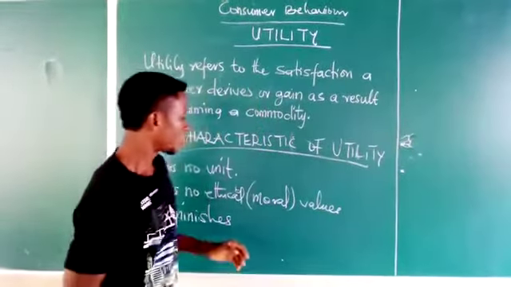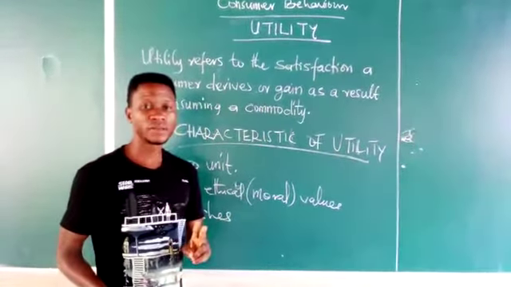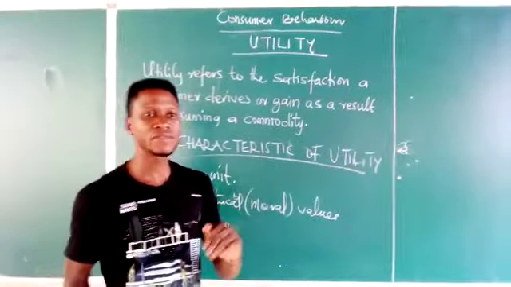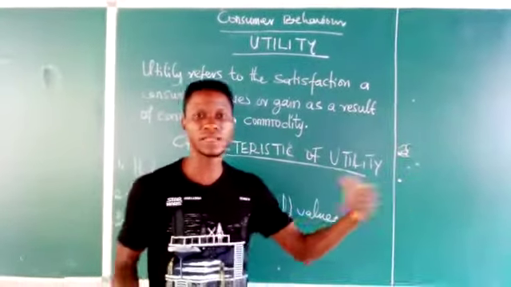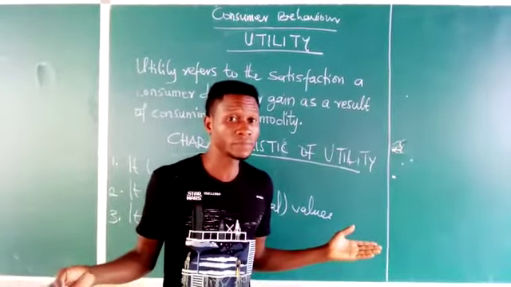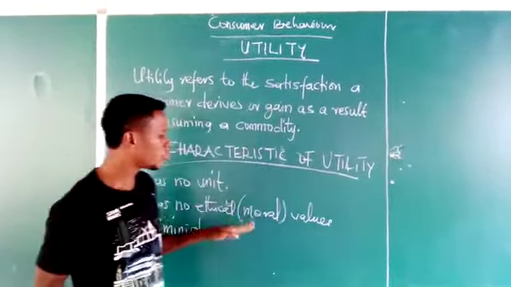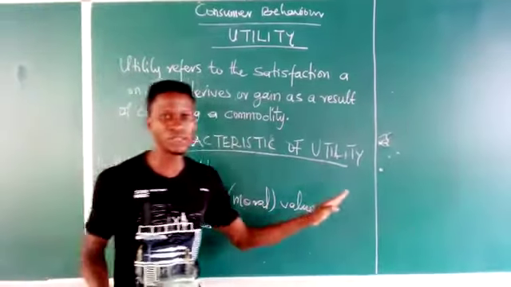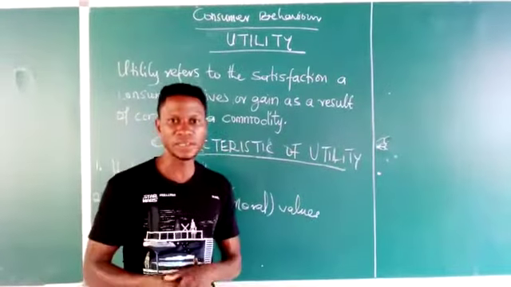So somebody can be smoking weed. In this concept, since that weed gives the smoker or the consumer satisfaction, we assume that it is a good commodity for him. Is that clear? So it has no moral values. Therefore we don't condemn somebody's choice of commodities that they consume.